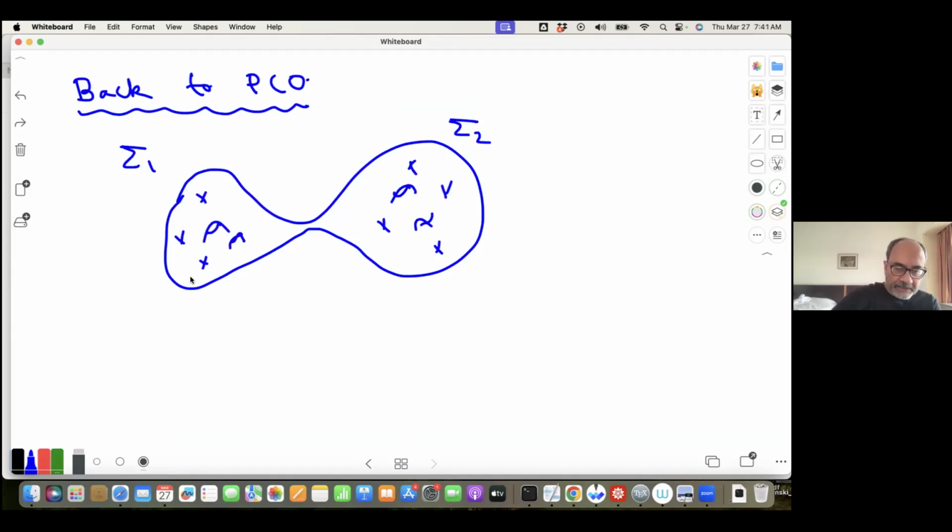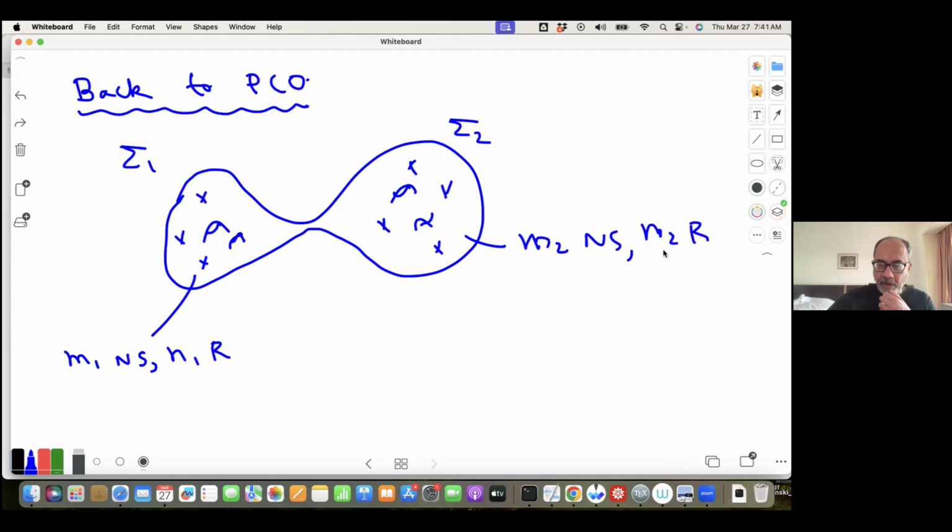Let's suppose that on sigma 1, we have M1 NS and N1 R. And let's suppose that on sigma 2, we have M2 NS and N2 R. I'm not now doing just one side. Let's say heterotic, so that you don't have to talk about NS-NS or RR, but it's very similar. And further, let's suppose that the state that is flowing through this is NS.